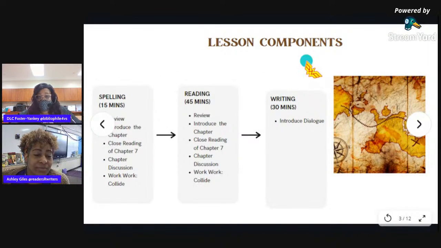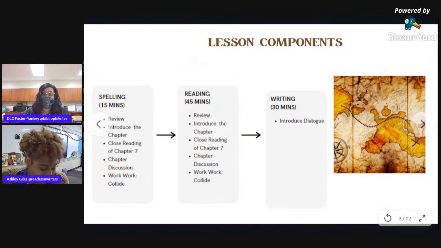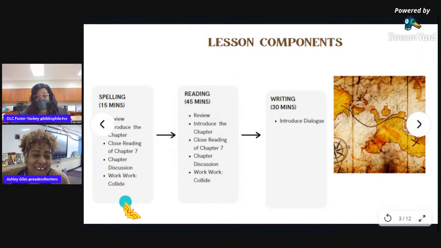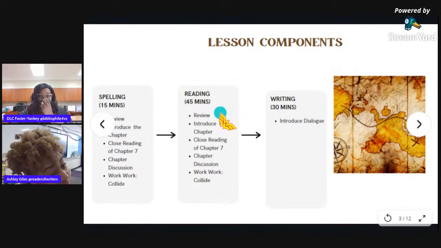Multiple lesson components here. We'll start with spelling for 15 minutes. It's just a spelling assessment. It actually applies to reading for 45 minutes. So for spelling, they're just doing an assessment.